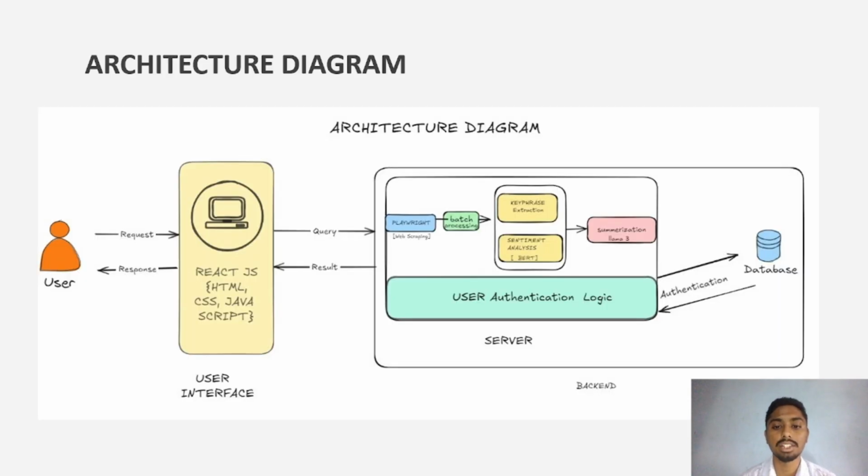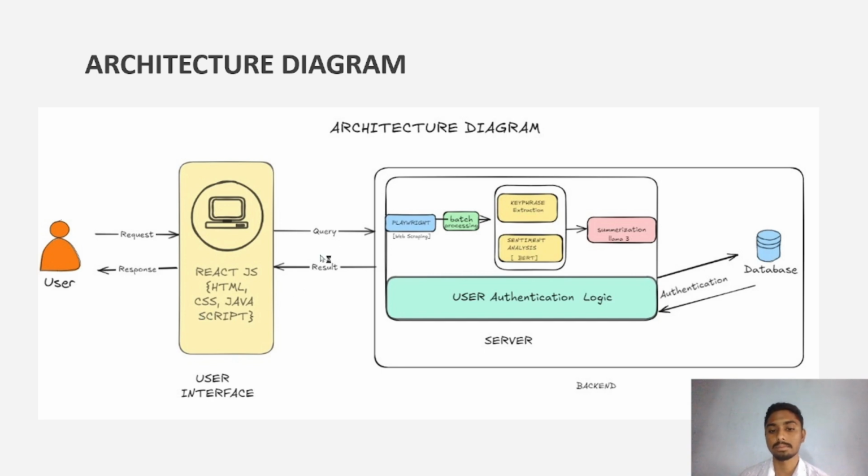Here comes the architecture diagram of the application, where we have multiple layers. The first layer shows the user interface, where generally the user interacts. This is the MERN stack we discussed previously. It is completely built upon core JavaScript.